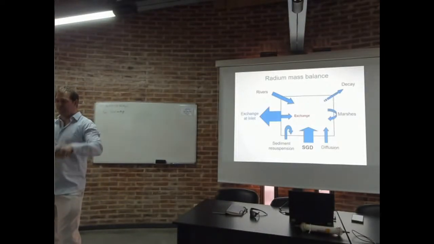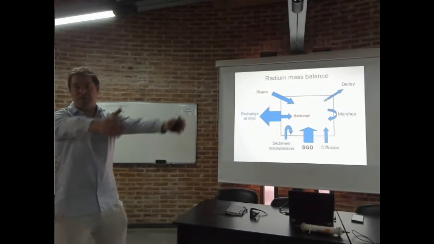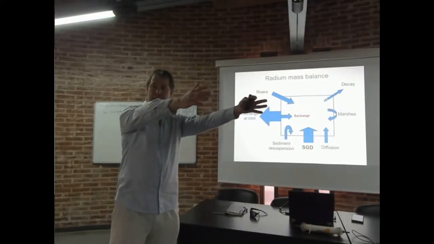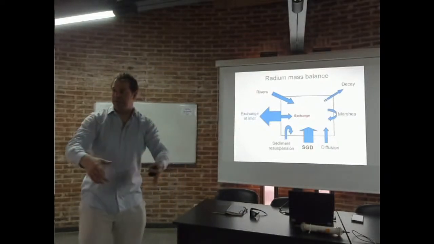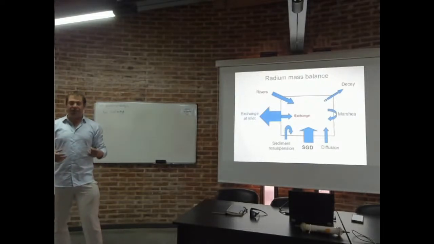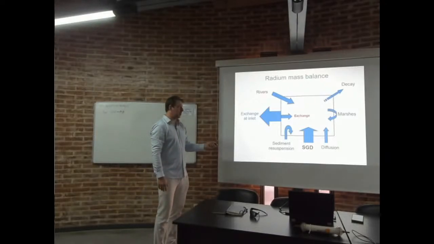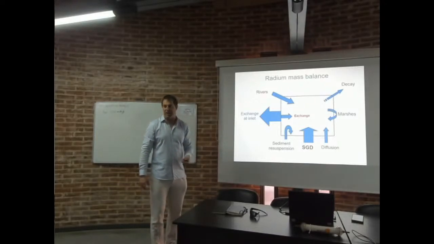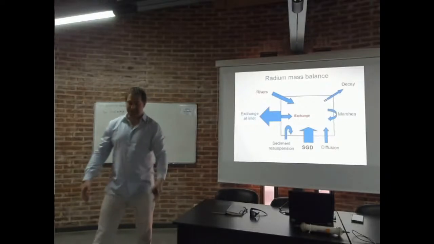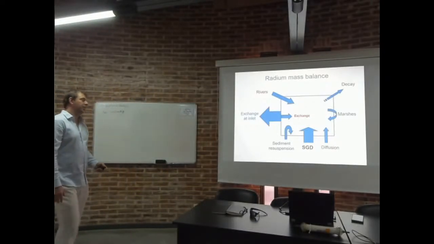Often it's a tidal situation. So we have radium that's leaving at the ebb tide and radium that's coming in at the flood tide. So we have inputs into the box, and that's a really important part too. This is this exchange in. That's what's coming in via the tide every single day.